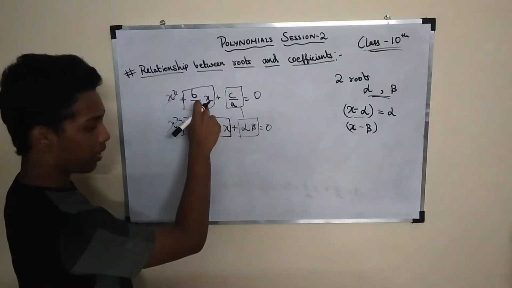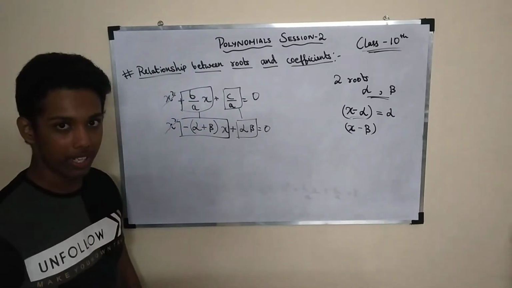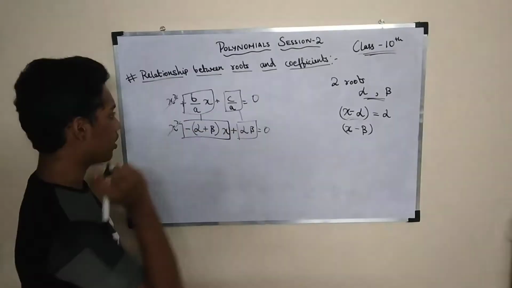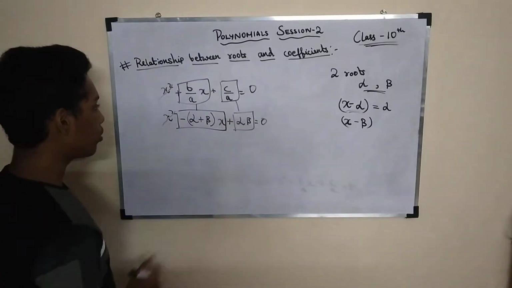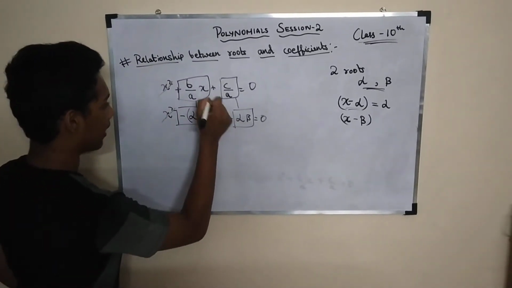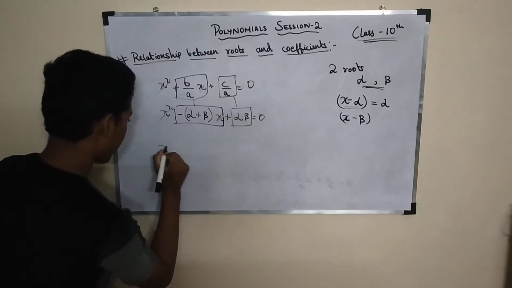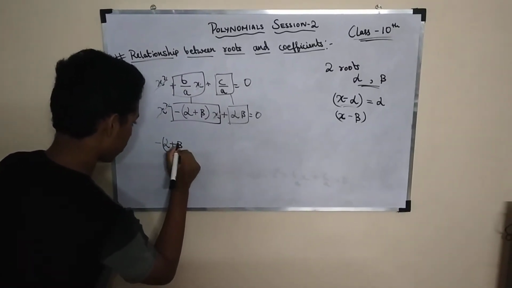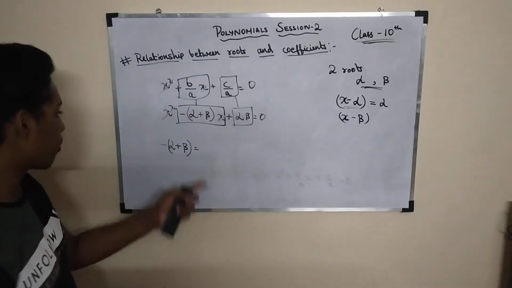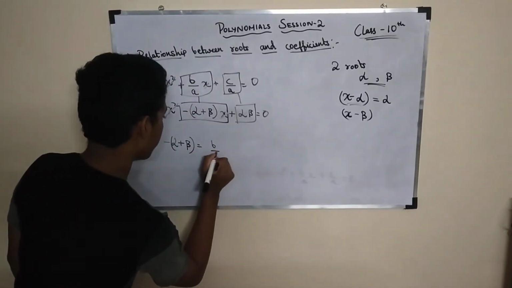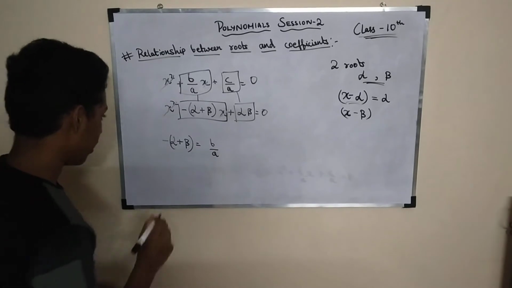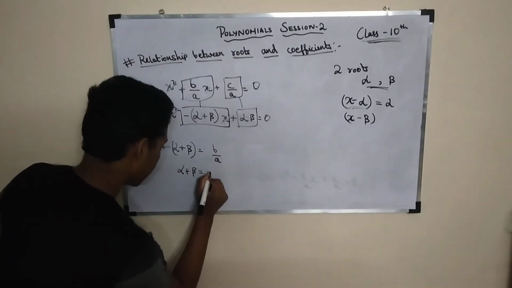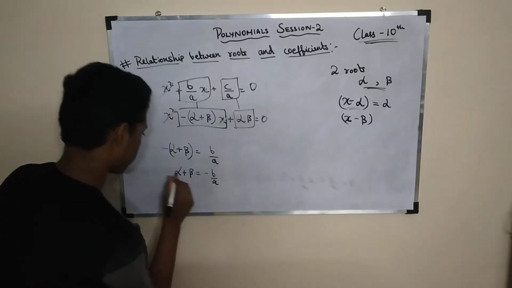Here there is a variable x, here also there is a variable x, but there are no variables in the constant terms, so we can compare these two values and these two values. Now if you compare, we can just cancel off the x, which results in minus alpha plus beta is equal to b by a. So we can say alpha plus beta equal to minus b by a.